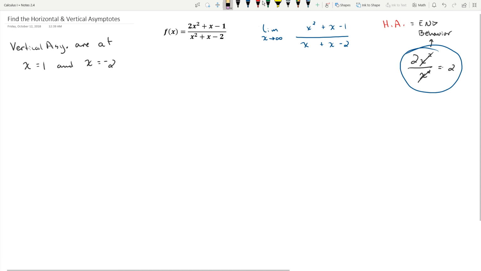And to do that, we are going to take the lead variable or highest power variable in the denominator. And in this case, it is x squared. And what we're going to do is multiply the top and the bottom, the numerator and denominator, by 1 over that highest power denominator.